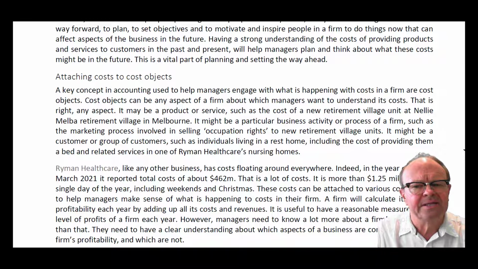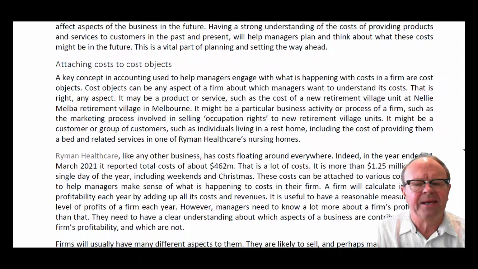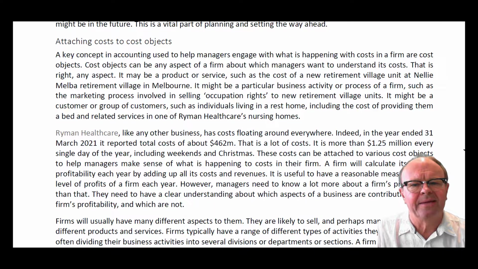Having a strong understanding of the costs of providing products and services to customers in the past and present will help managers plan and think about what these costs might be in the future. This is a vital part of planning and setting the way ahead.